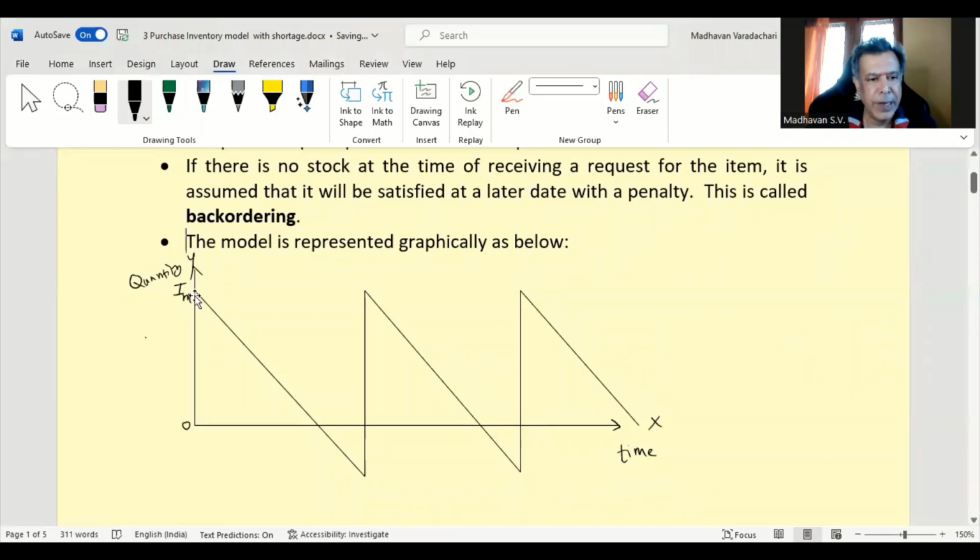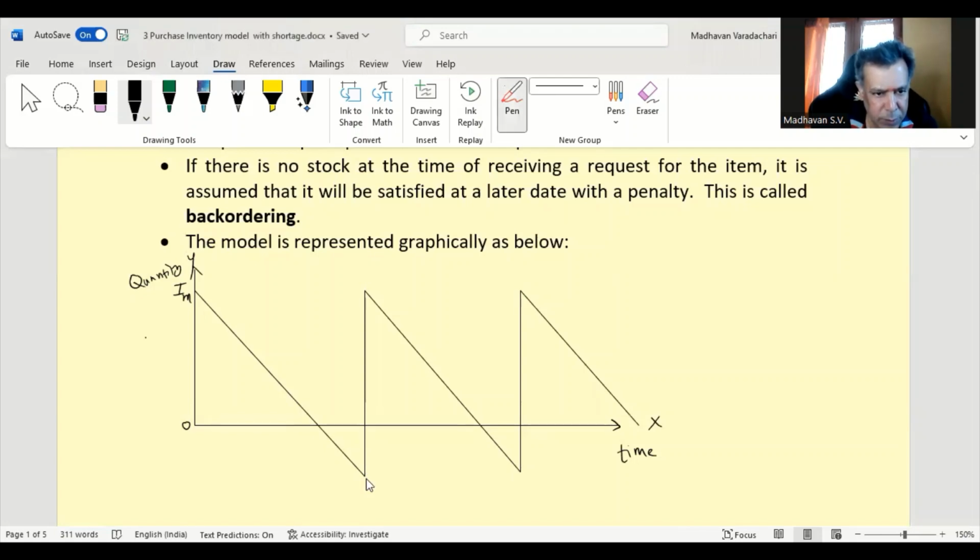Let us say the maximum inventory is I suffix m. You start with the maximum inventory and start consuming that material on the shop floor, and finally it reaches zero stock. Then immediately you are not replenishing it like in the previous model. You allow some time for it to be out of stock. This is the time where there is no stock, and then from here you produce the material.